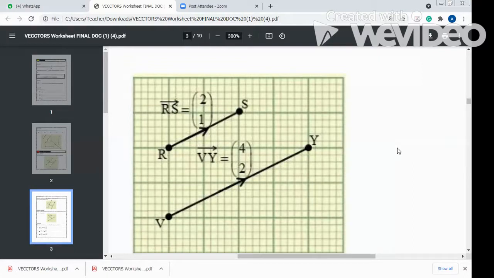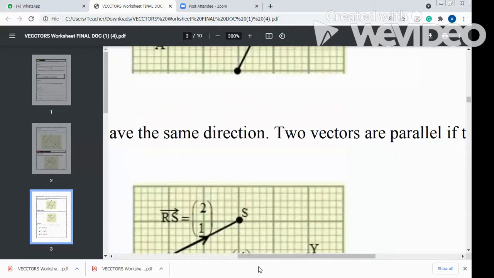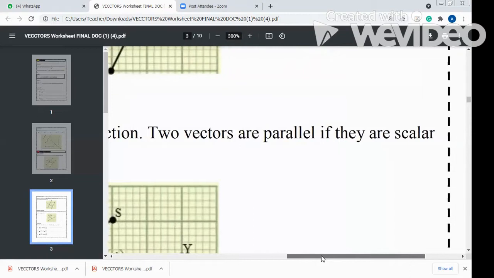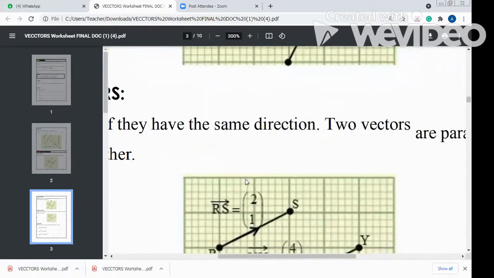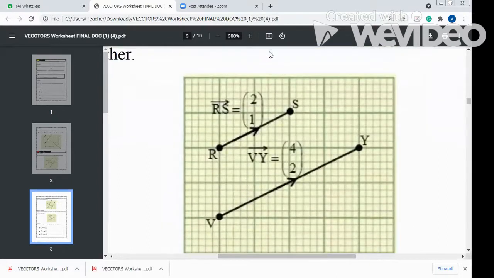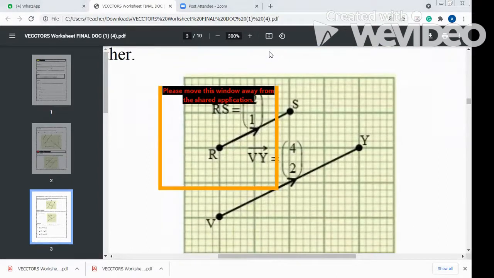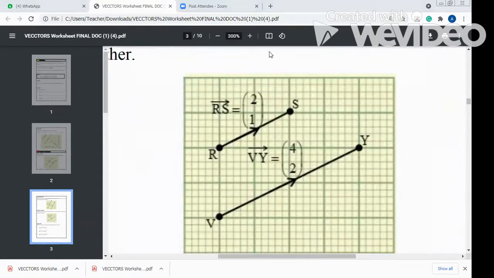That's all. Hold on, I'm trying to get through to her. So basically, what is it saying? Two vectors are parallel if they are a scalar multiple. All right, let me put it in layman terms.